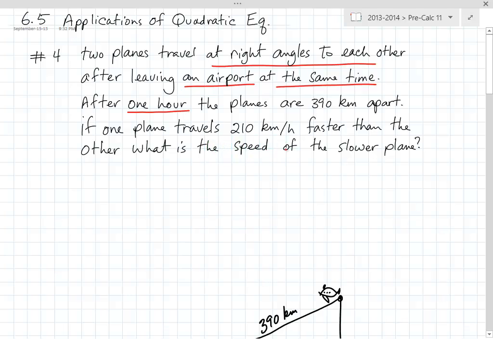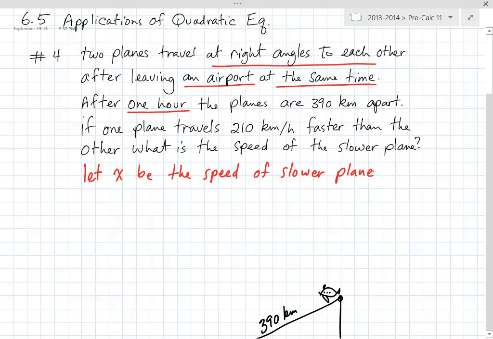So we need to make a mathematical model of this and then solve it. We're going to start with the let statement. Let x be the speed of the slower plane. Why am I setting x to be the speed of the slower plane?